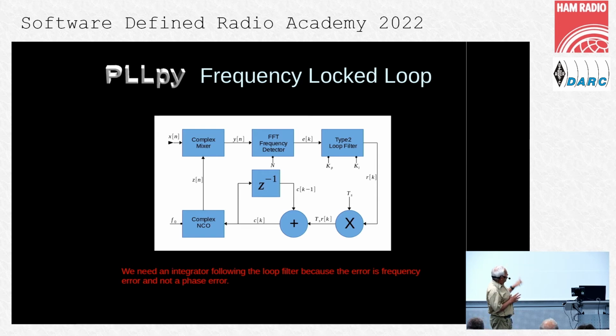And after the loop filter, it has an integrator, an additional integrator. And that's why the dynamic of this loop will be the same as the PLL loop with the same loop filter. Okay? And this loop will track only the frequency of the input signal, not the phase.